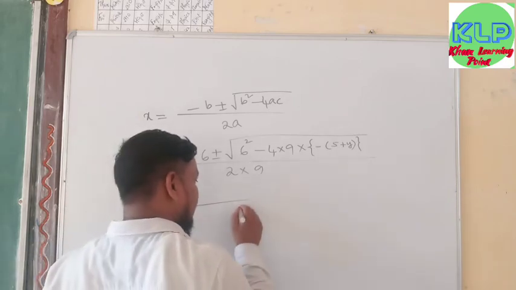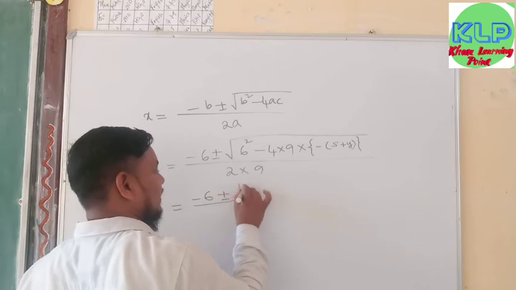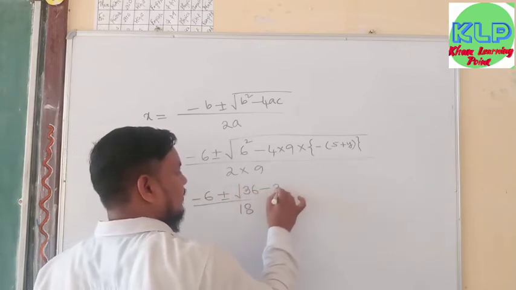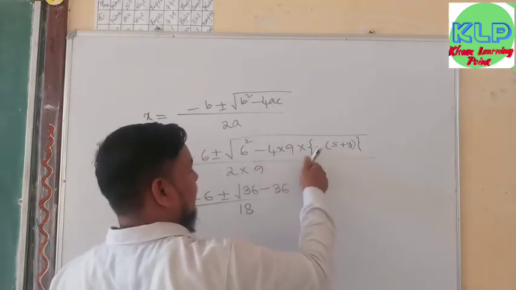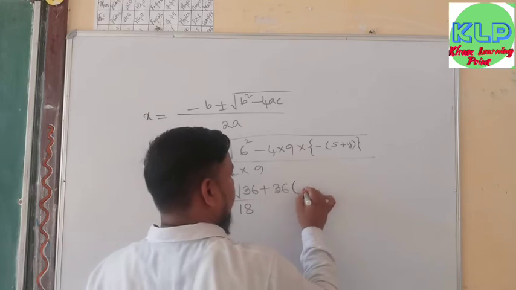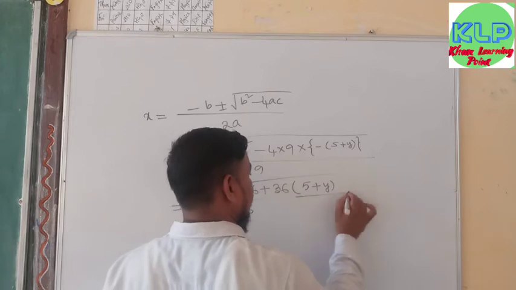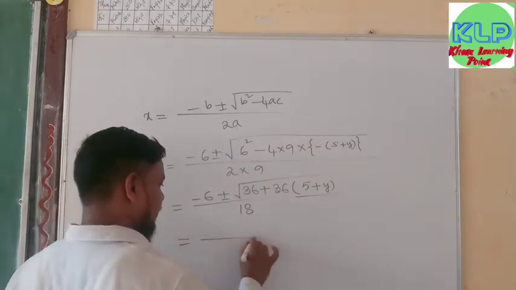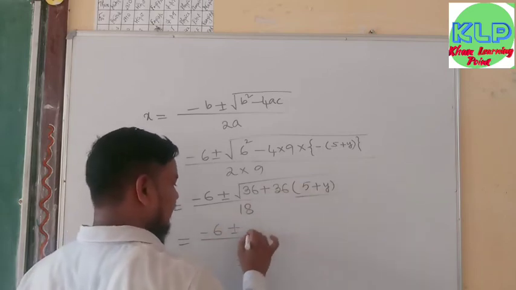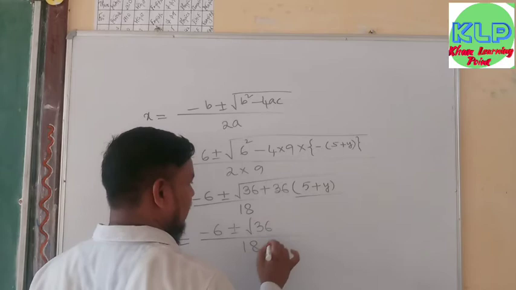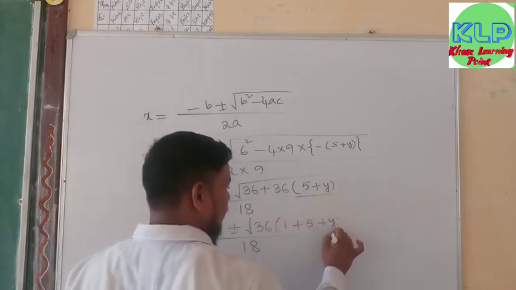That is 2 9s are 18, minus 6 plus minus root of 6 square means 36, minus 4 9s are 36. Here there is a minus, and here there is a minus, so minus minus becomes plus, 5 plus y. Okay, so this is 18, minus 6 plus minus root of, here 36 is common, taking 36 common, here will be 1 plus 5 plus y.